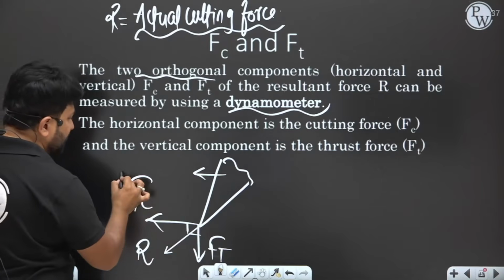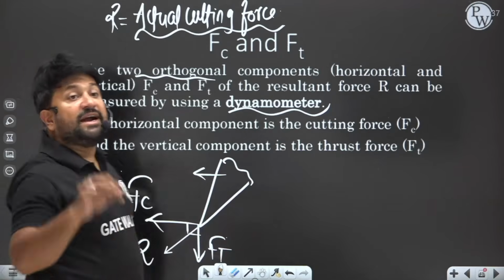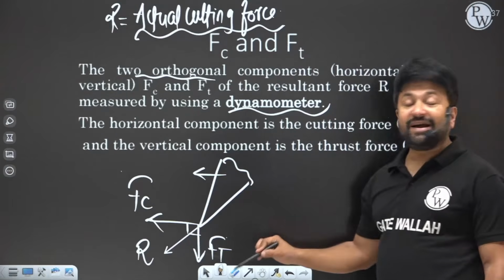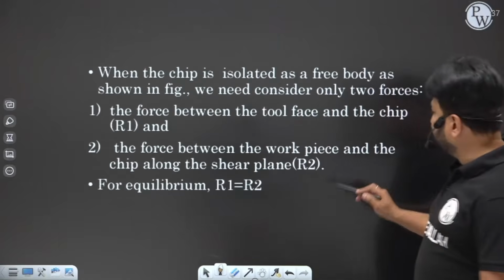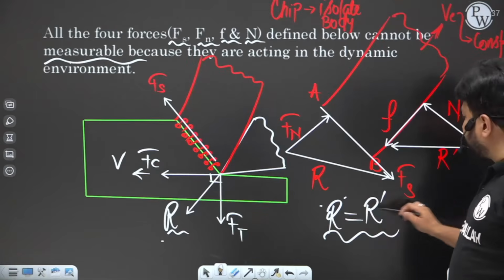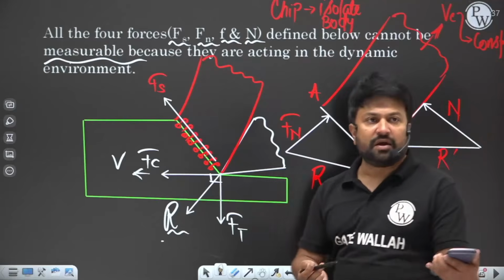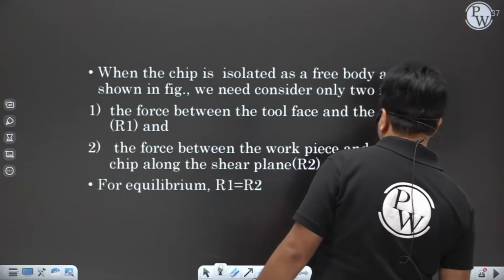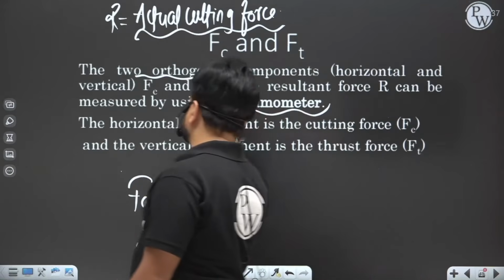Once you know the value of Fc and Ft from the dynamometer, and you know the relation between R, that is the input, and there is 100% conversion, you should know the value of R and R dash. Now you know the interconnection between the other forces, and you are able to draw the Merchant circle diagram.